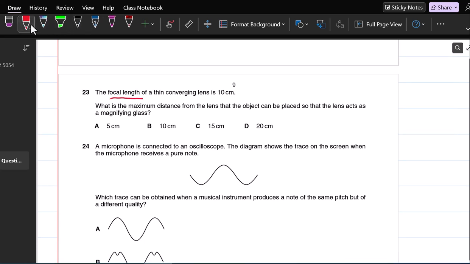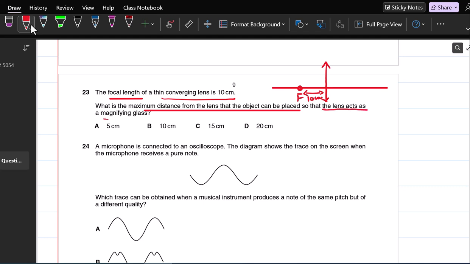So moving to question number 23. The focal length of a thin converging lens is 10 centimeter. It means suppose this is a principal axis. Somewhere here we have a lens, and this is the focal length, the distance between center and the principal focus. So what is the maximum distance from the lens that the object can be placed so that the lens acts as a magnifying glass?